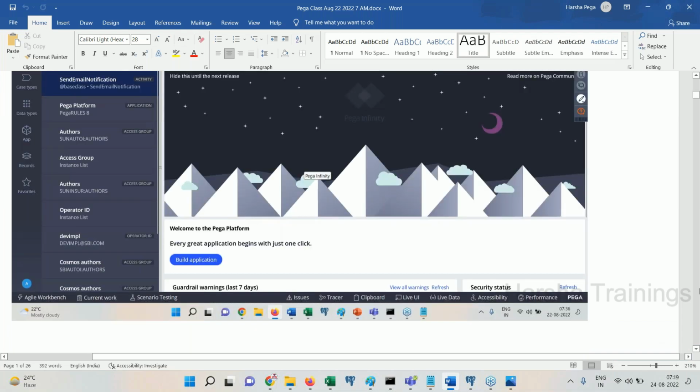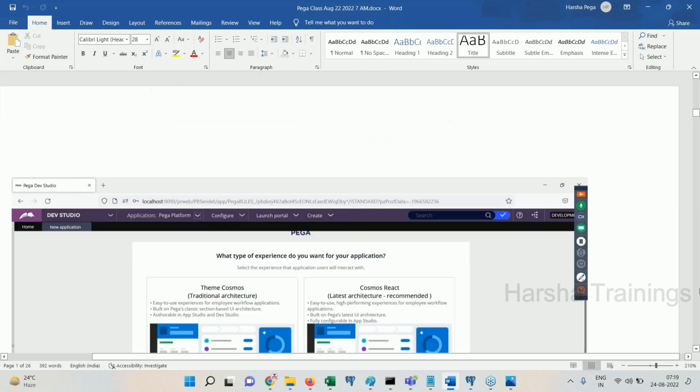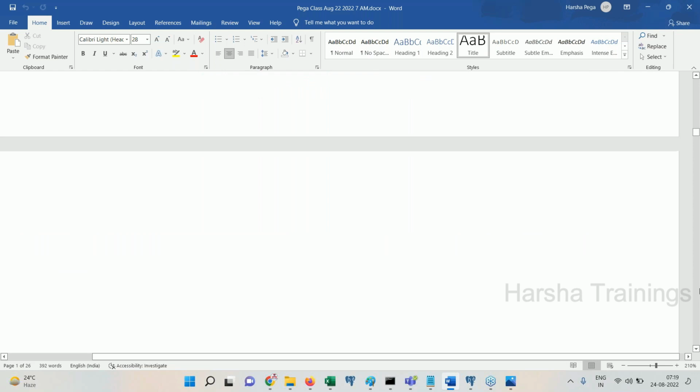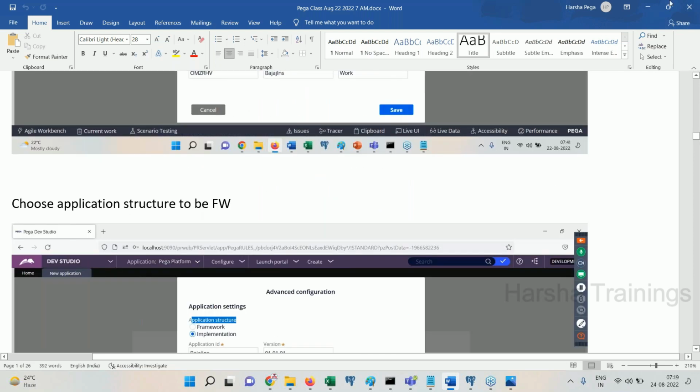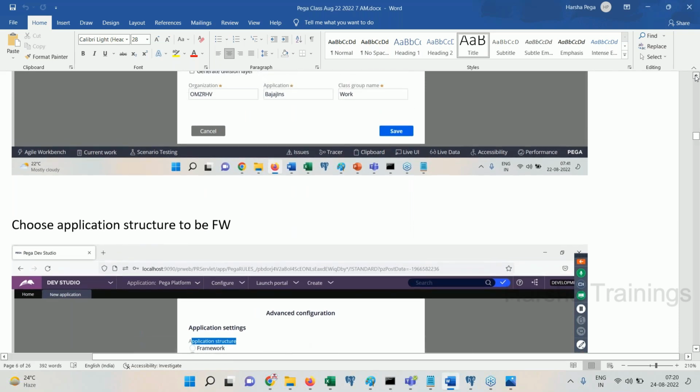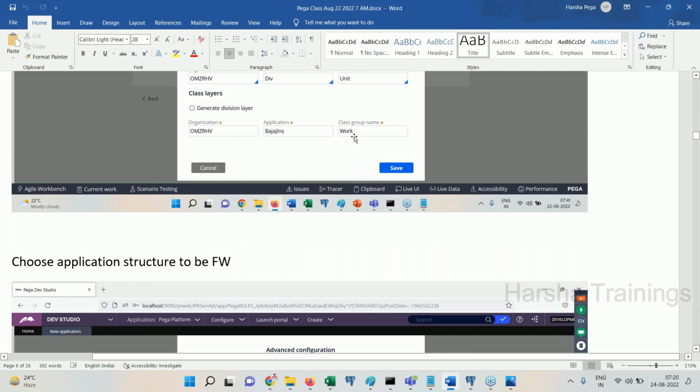At the time of creating the new application, one of the screens was Advanced. Here you got Work. What is the name of the class? Work. This is editable. If you want to change it, you can change it.